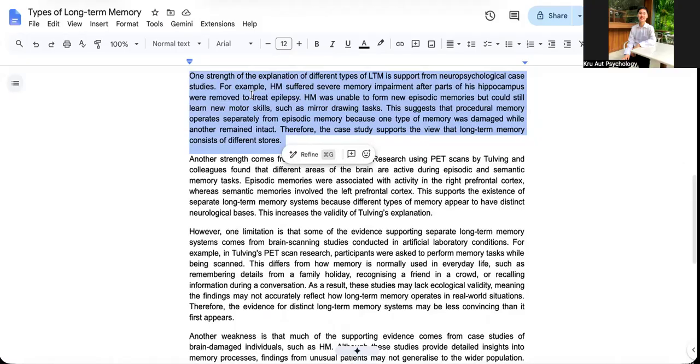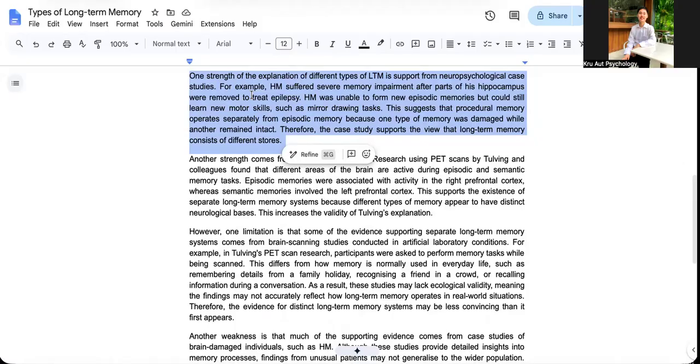Okay, so one strength of the explanation of different types of long-term memory is support from neuropsychological case studies. For example, HM suffered severe memory impairment after parts of his hippocampus were removed to treat epilepsy. HM was unable to form new episodic memories, but could still learn new motor skills, such as mirror drawing tasks. So this is something in the study.